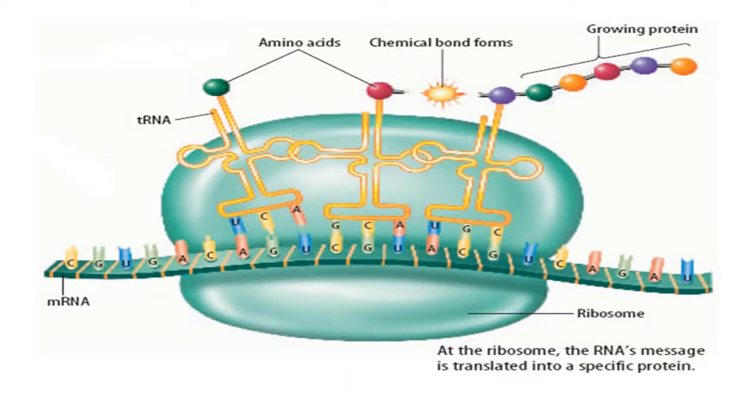Here in the picture, you can see the big ribosome with two subunits, small and large, and they attach to mRNA, which has codons. The large subunit of the ribosome has three stations where tRNAs land, and they carry specific amino acids for specific codons of mRNA.